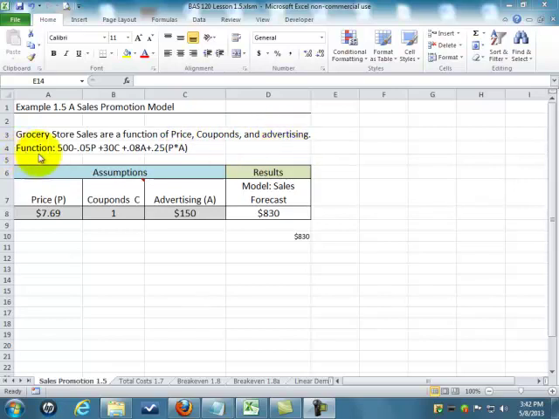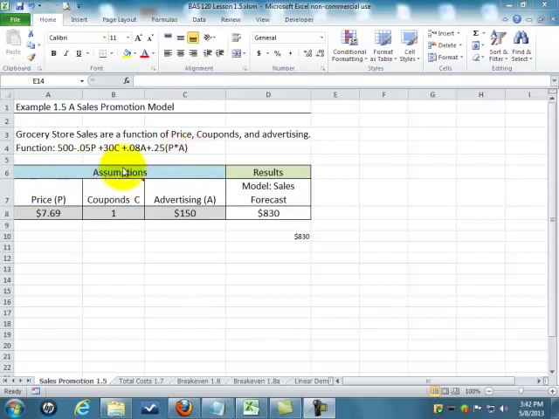They give us a function that says our forecasted sales are equal to 500 minus 0.05 times the price, because remember, price is inversely proportional to sales. As price goes up, we're going to have less unit sales. C stands for coupons, plus the amount of advertising we do, plus a combination of price and advertising.